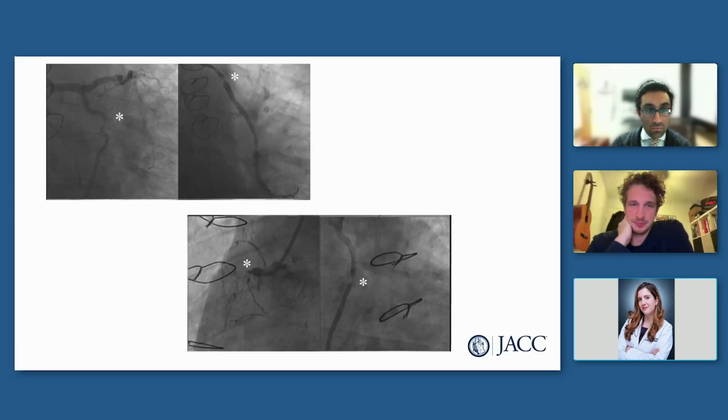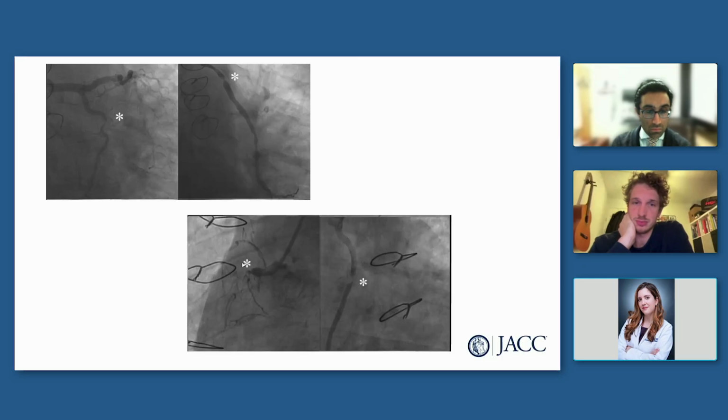Both of these patients had chronic total occlusions of the native vessel. So the first patient had an obtuse marginal that was occluded. The second patient has a chronic total occlusion of the right coronary artery that's occluded proximally, and this had been grafted.